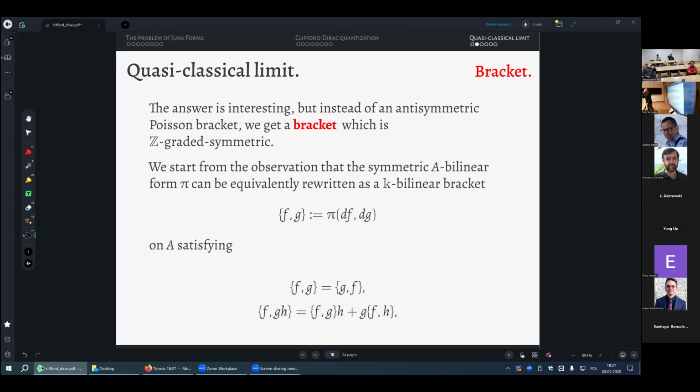And the answer is quite interesting, with one difference compared to this Poisson picture. Instead of an anti-symmetric Poisson bracket, in this quasi-classical limit we obtain a bracket which is symmetric. It's not a deep mystery.